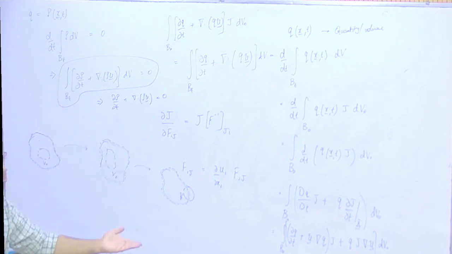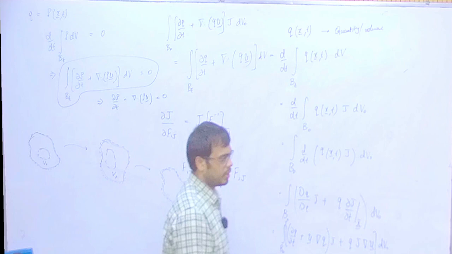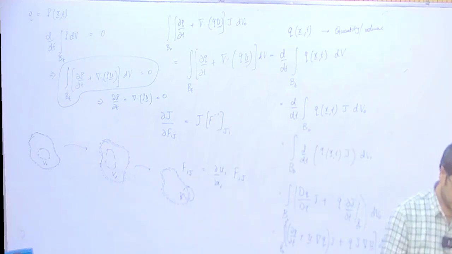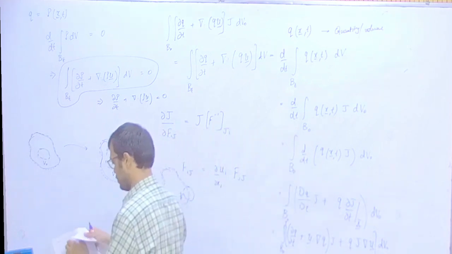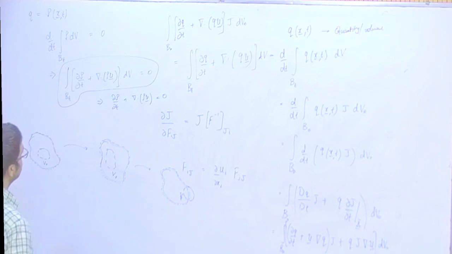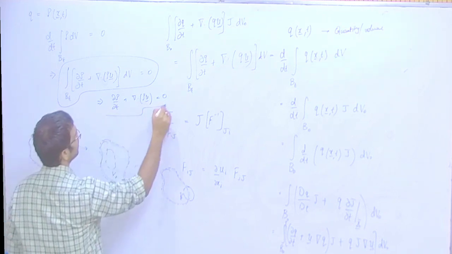You carry on the procedure and you should be able to derive an equation for an arbitrarily deforming control volume. So this is your continuity equation or the mass equation.